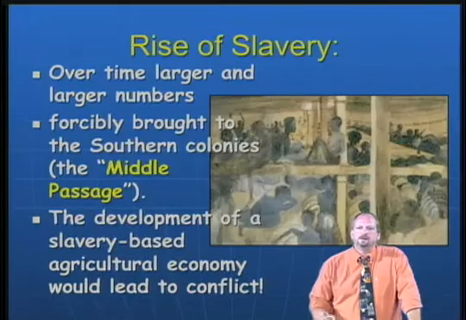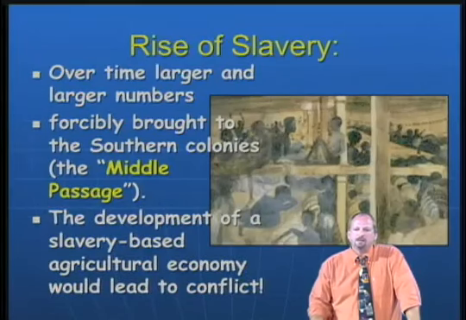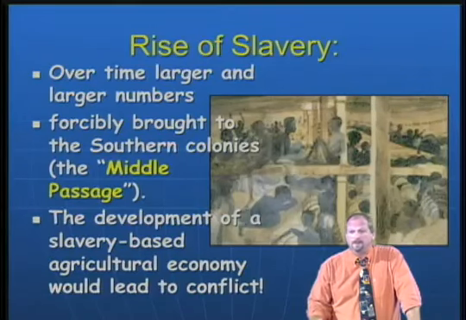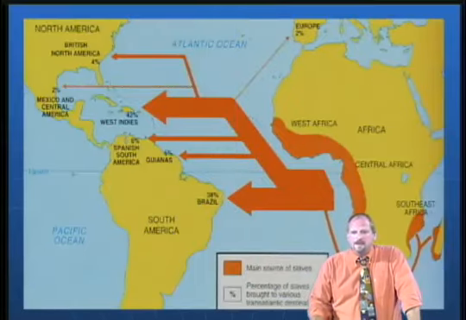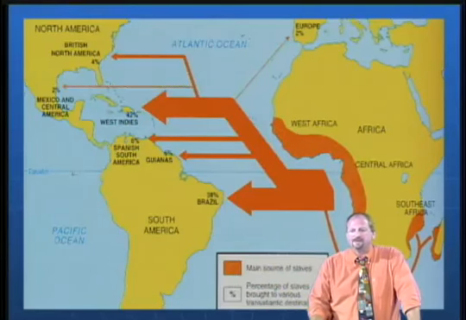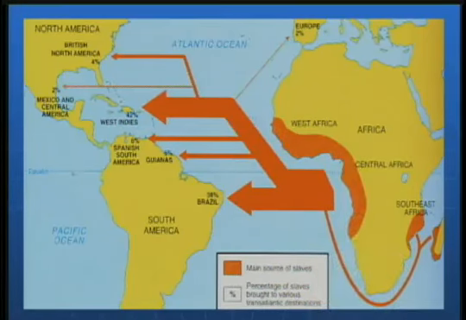They developed the slave-based agricultural economy, and that would ultimately lead to conflict, which I know we've already learned a little bit about in your past years in school, the Civil War. Here's a map that shows the African slave trade. Notice where the slaves are coming from.